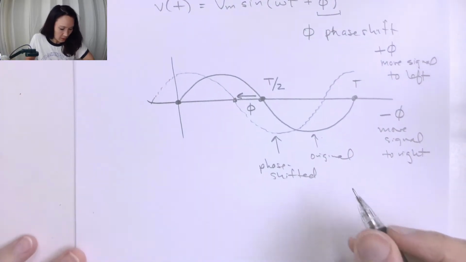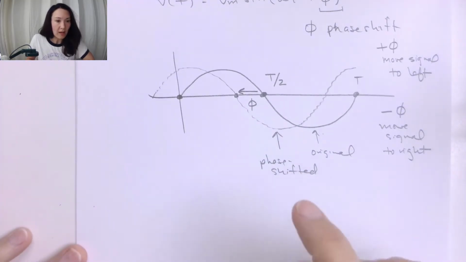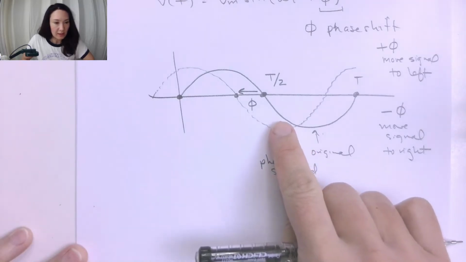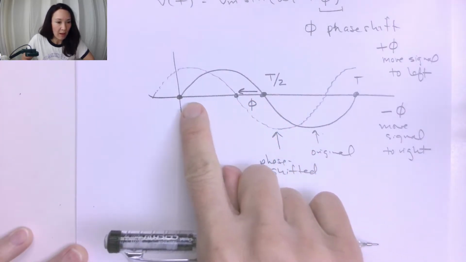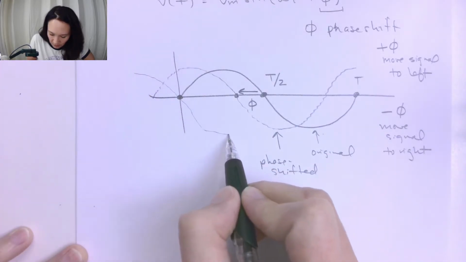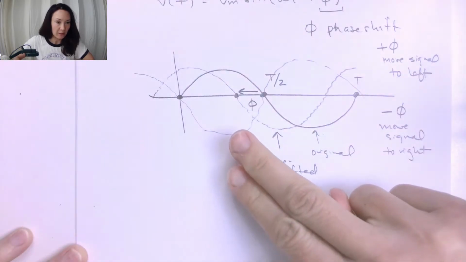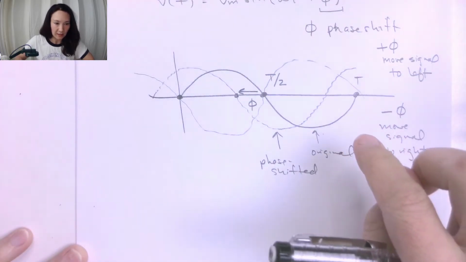Graph of our signal. Okay, so it's interesting because if you phase shift enough, you can imagine this dotted signal. If you phase shift it all the way by pi over 2, then your signal is just going to be basically your original signal flipped upside down about this x-axis.